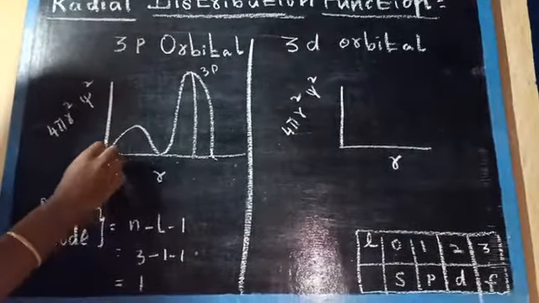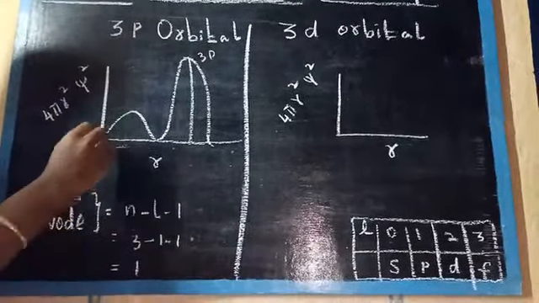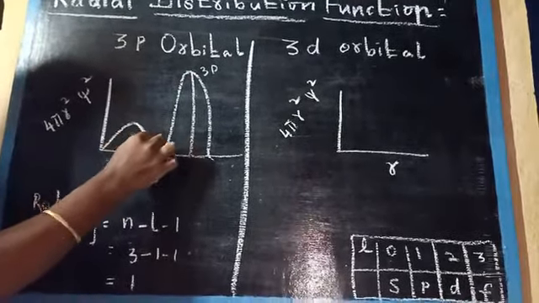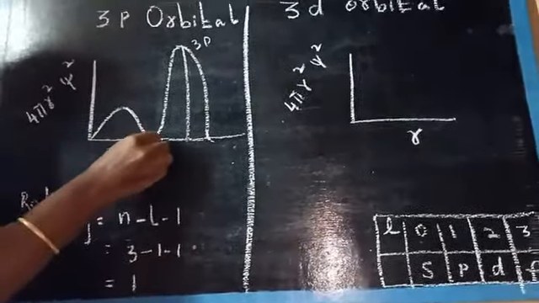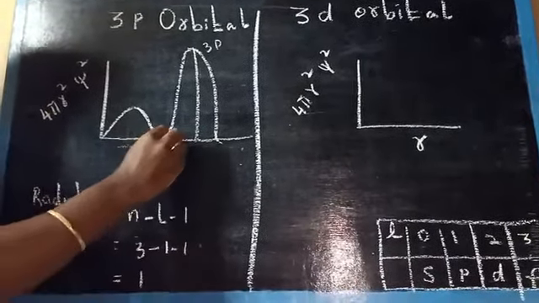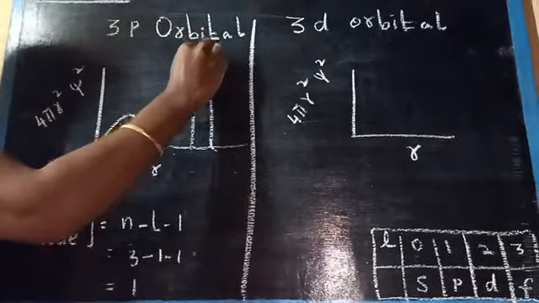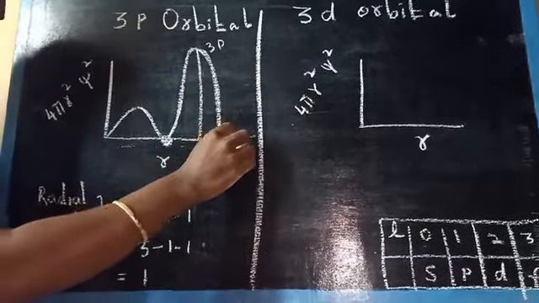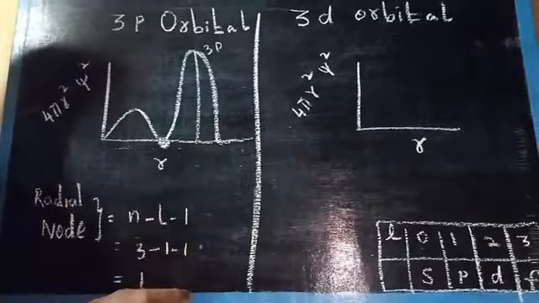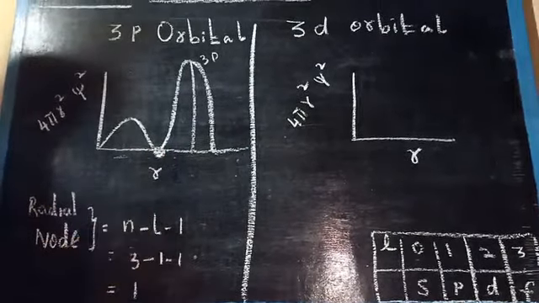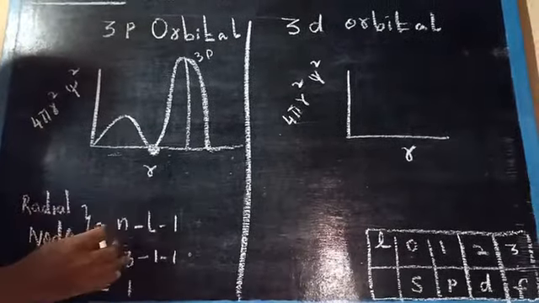To find out the nodes, you see here it first increases to a maximum, again decreases, and here it is 0. So this one is the node. Again it increases to reach the maximum and decreases with distance. Hereafter no electron. So how many nodes? Only one node. Can you understand from this graph children?